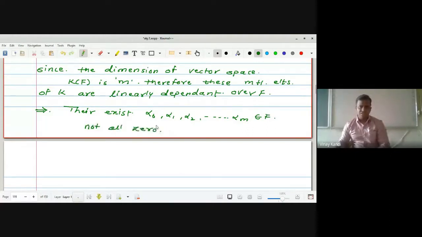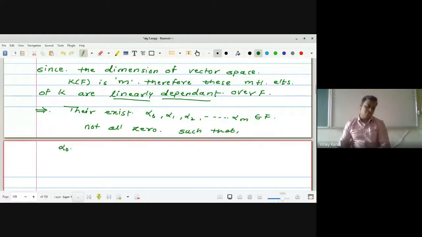So there exist alpha naught, alpha 1, alpha 2, up to so on, alpha m, all belonging to F, not all 0, such that alpha naught into 1 plus alpha 1 into A plus alpha 2 into A square plus up to alpha m into A raised to m is equal to 0.